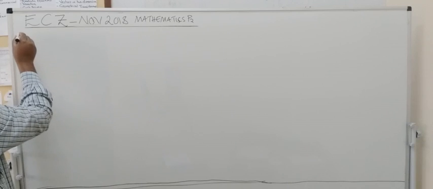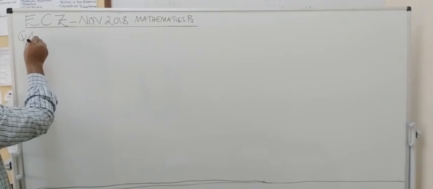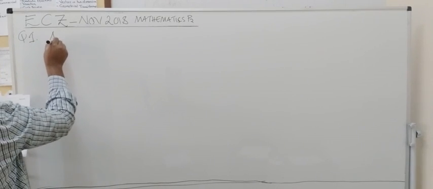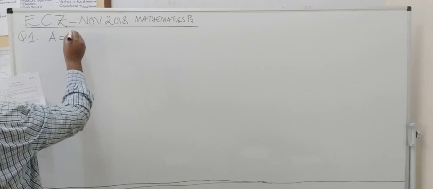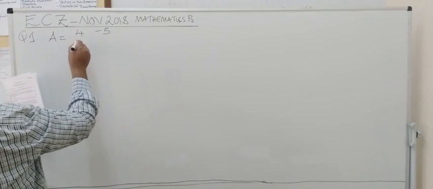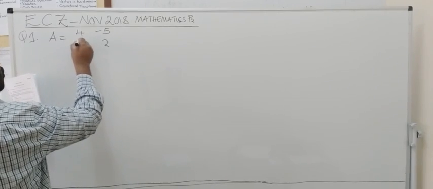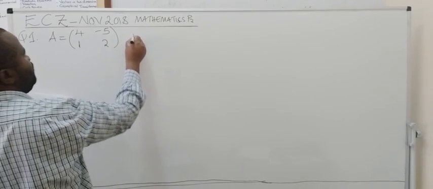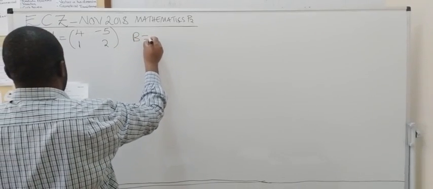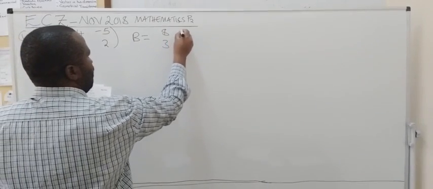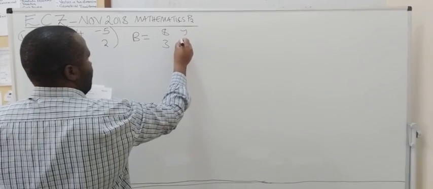Number 1, given that matrix A is equal to 4, -5, 1, 2, and B is equal to 8, 3, y, 5.